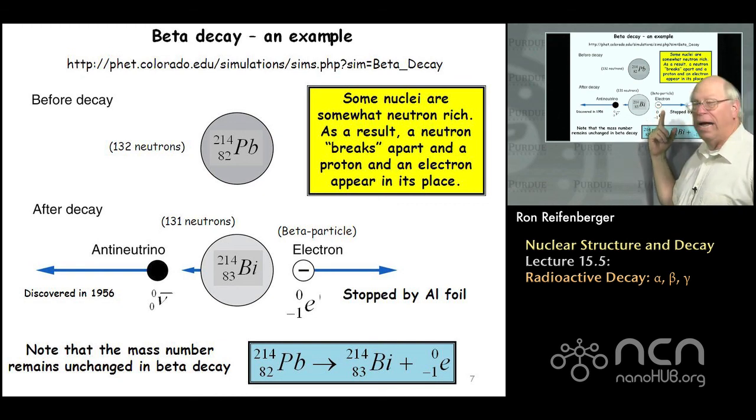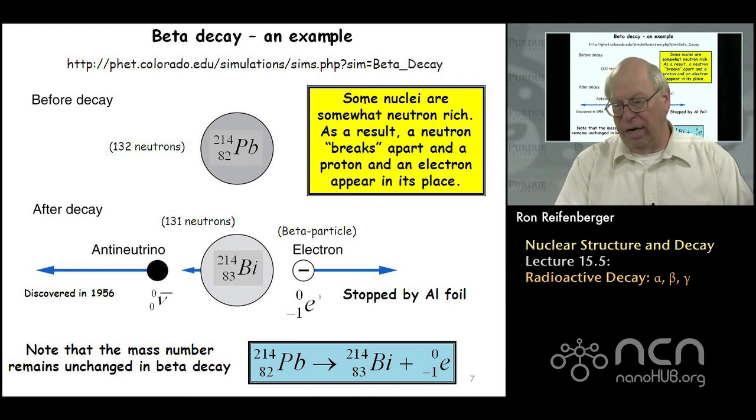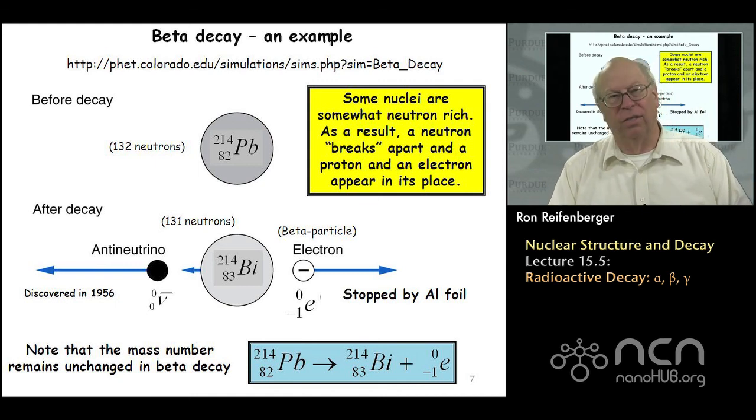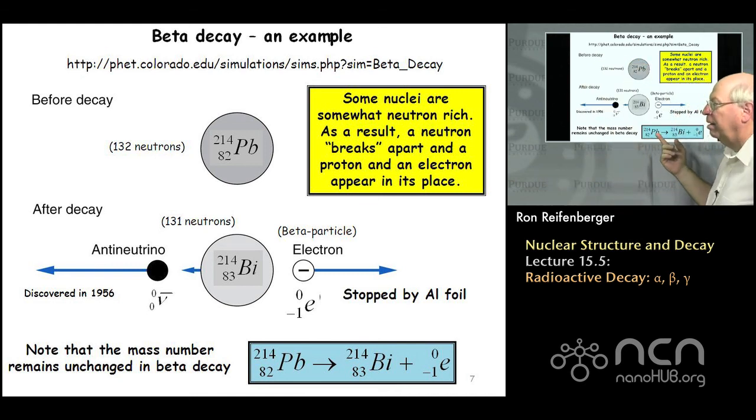And it's very energetic, and it requires sheets of aluminum foil in order to stop a beta particle, right? So it tends to be much more penetrating than an alpha. So a typical beta decay is indicated by this blue box, right? And you should be able to immediately verify whether this is a viable nuclear reaction.